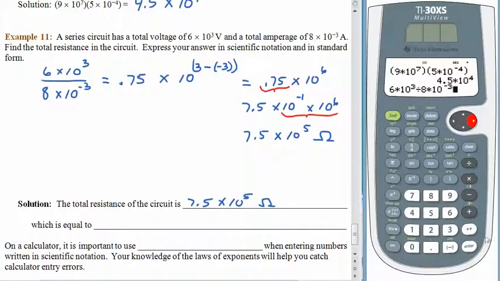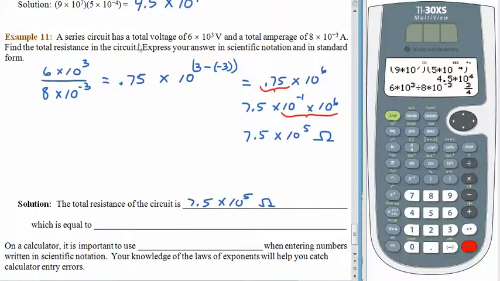And you happen to forget the fact that scientific notation numbers are 2 pieces that need to be held together, and you didn't use those parentheses, the calculator will give you 3/4. Because 3 plus negative 3 is 0, and there is no even power of 10 here. And of course, that is nowhere close to 7.5 times 10 to the 5th.